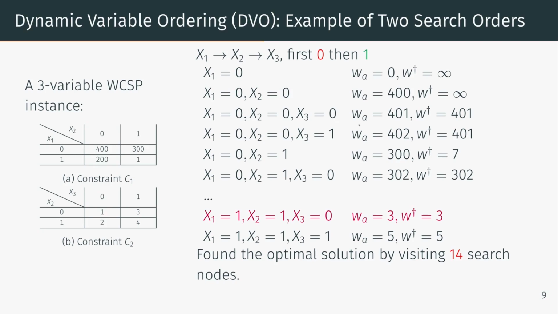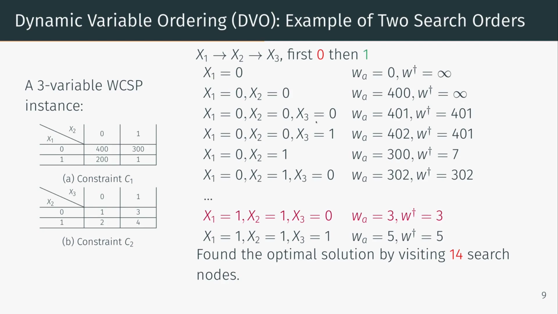At this search node, we have all constraints involved. Now, we need to add these 2 numbers, 400 and 1 here. So we have WA equals 401. Because this is a leaf, a complete assignment, we need to update W dagger because 401 is smaller than infinity. So W dagger is now updated to 401.